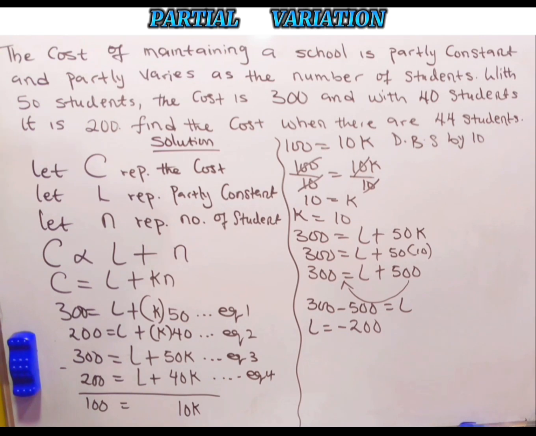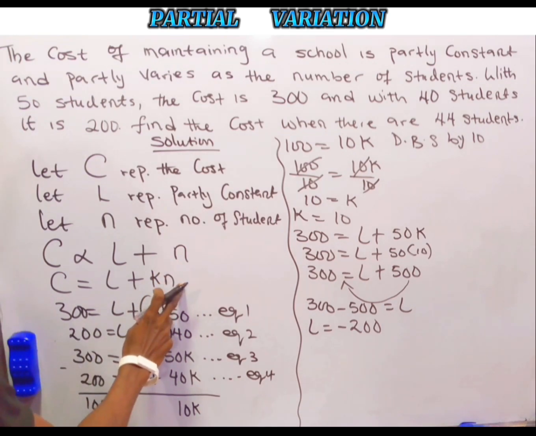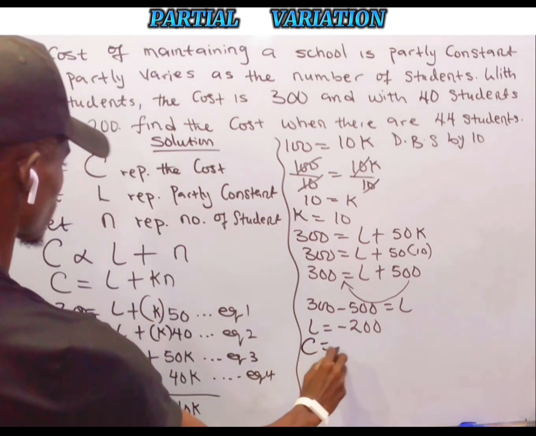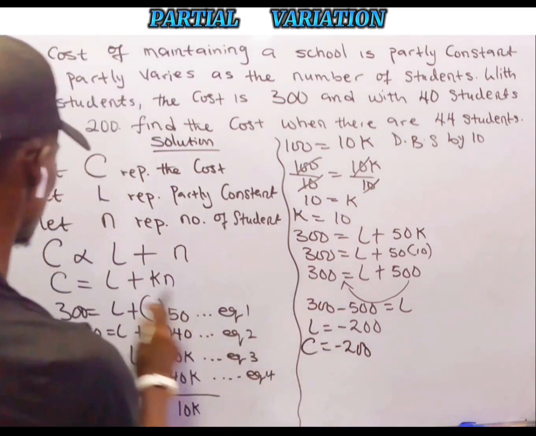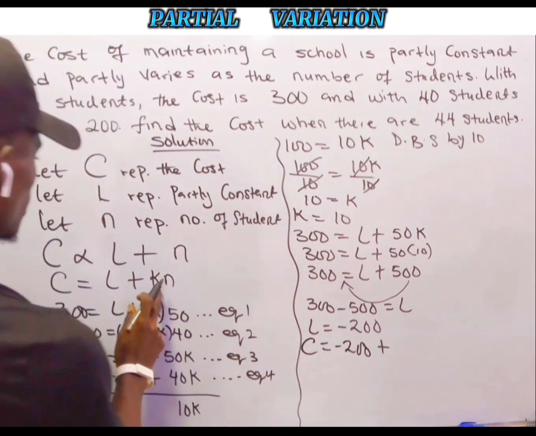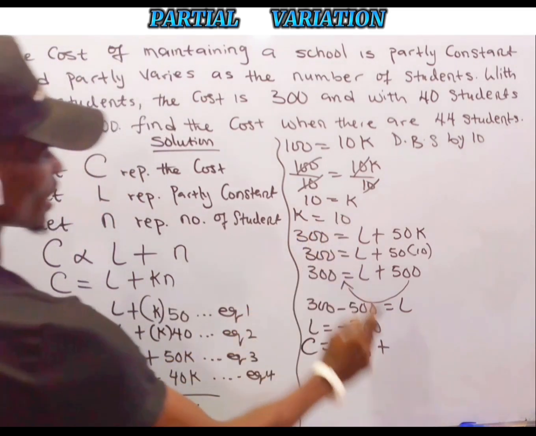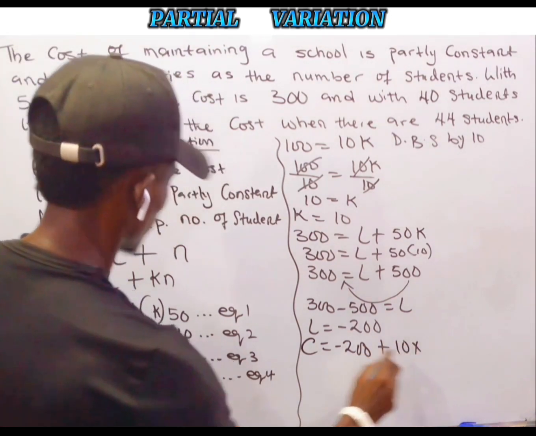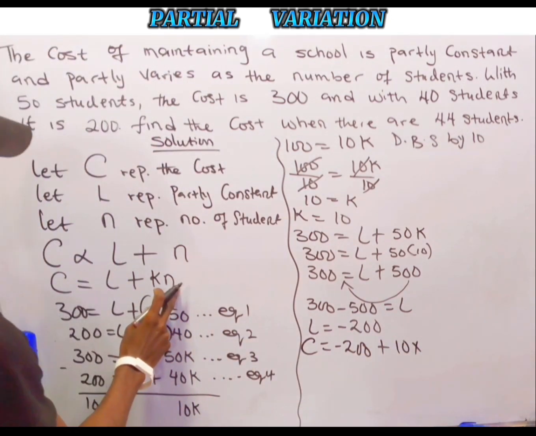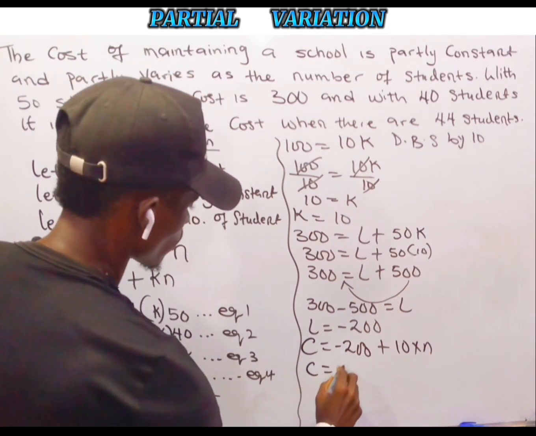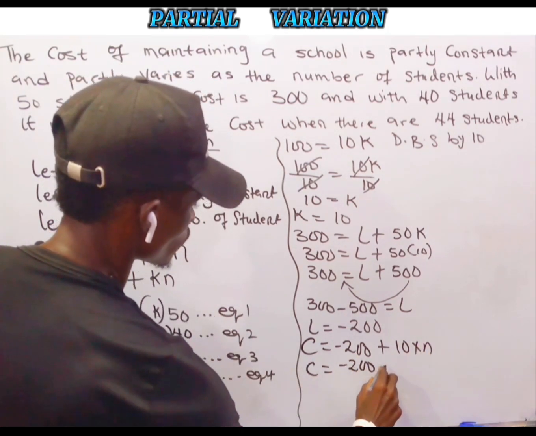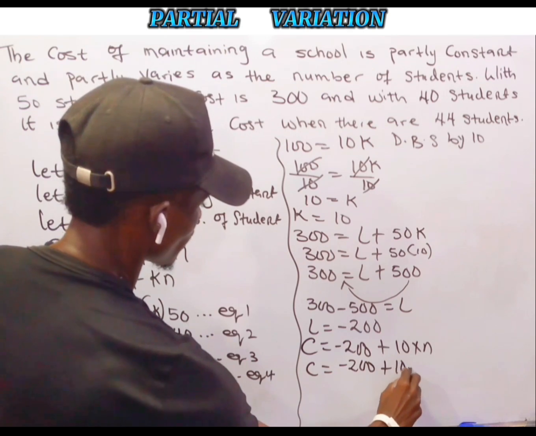So let's establish the relationship between C and N. From here, C is equal to L, which is negative 200, plus KN. And of course, K is 10 times N. So C is equal to negative 200 plus 10N.